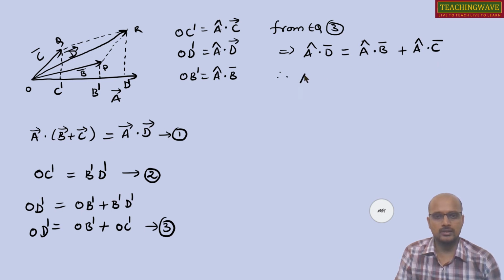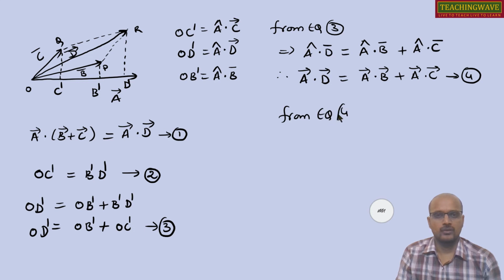That gives a bar dot d bar is equivalent to a bar dot b bar plus a bar dot c bar. Let us take this as equation 4.